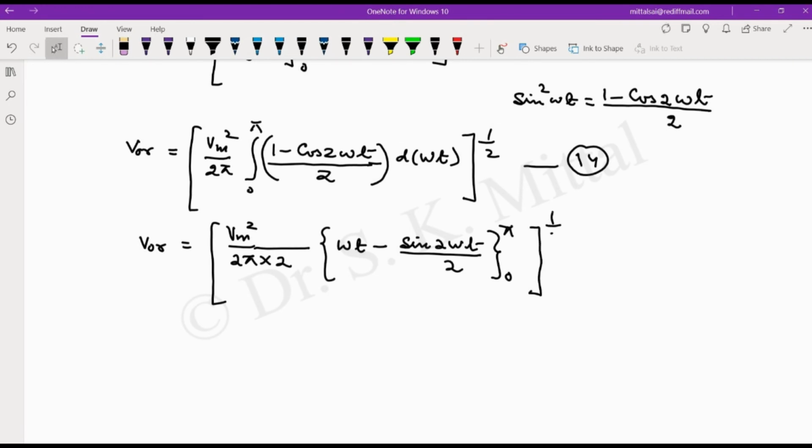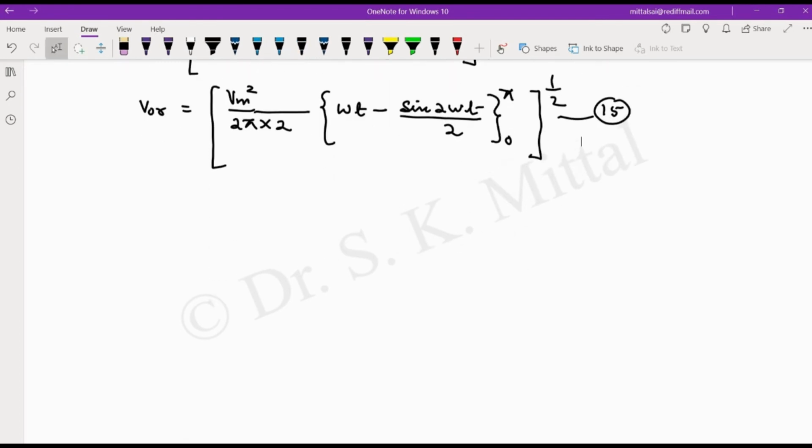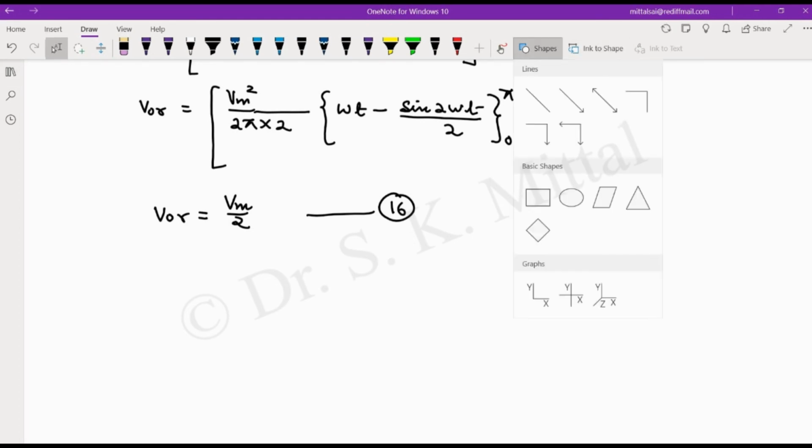And if we solve this equation number 15 by putting the limits of 0 and pi, the value we will achieve is Vm divided by 2. So this is the RMS value of output voltage.